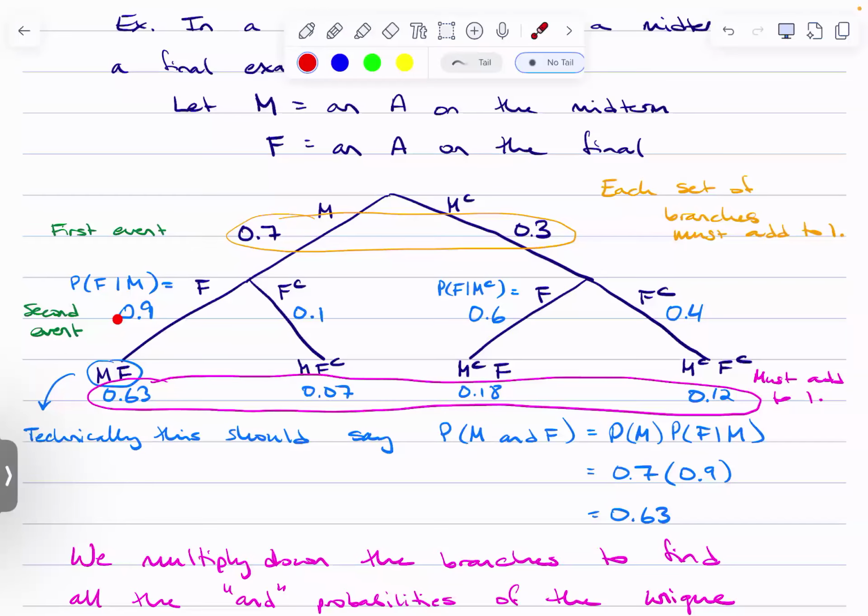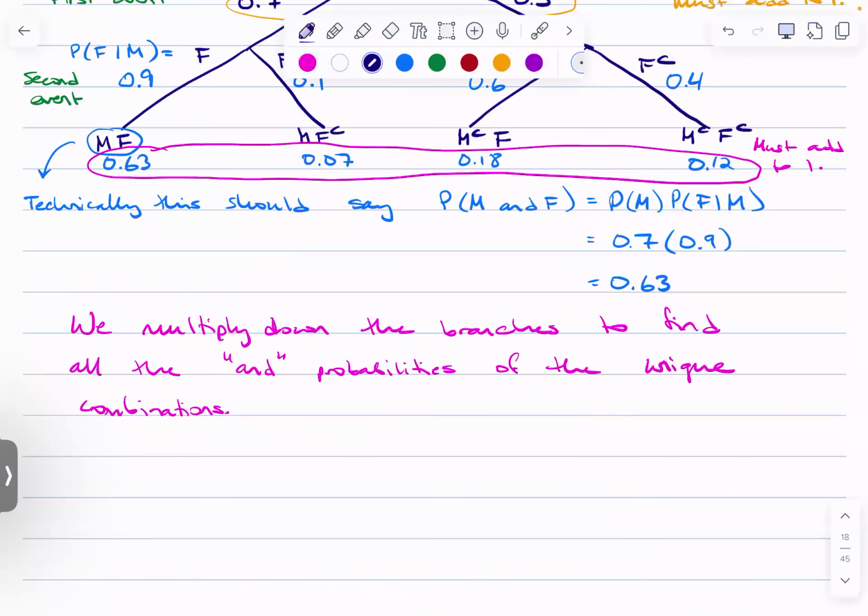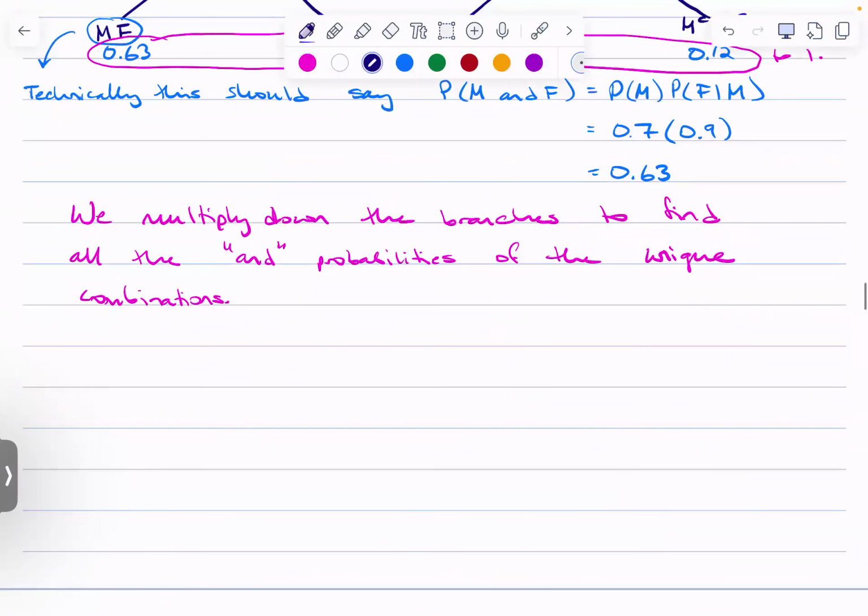But I think what you're getting at is, as an example, find the probability of getting an A on the final.